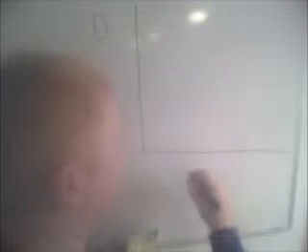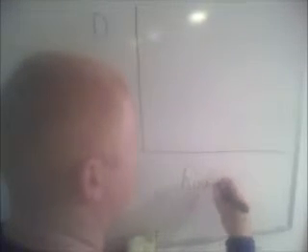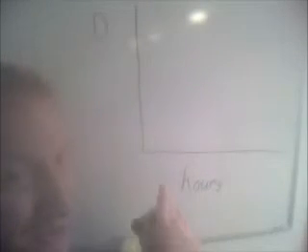On the y-axis, we have the distance. On the x, and this is going to be difficult to see because I've got a small board here, on the x-axis, we have the hours. In other words, the distance that is traveled depends on the number of hours traveled, not the other way around. The number of hours traveled is not going to change because of the distance.